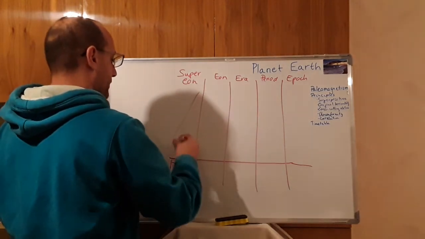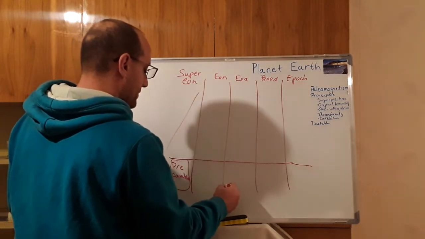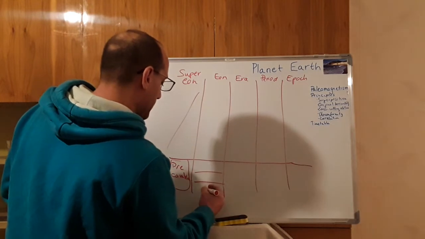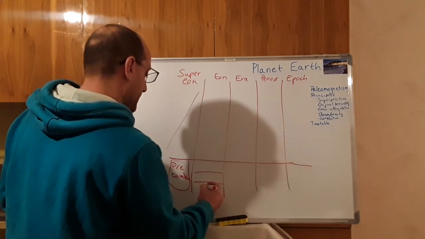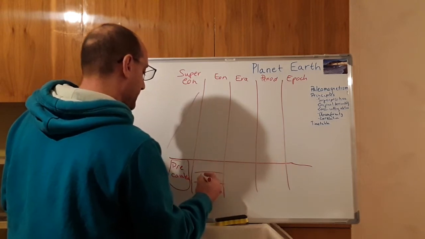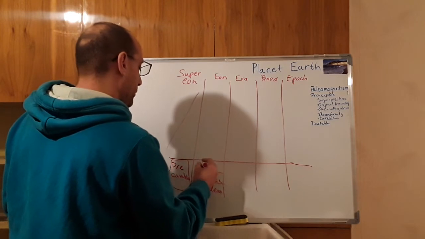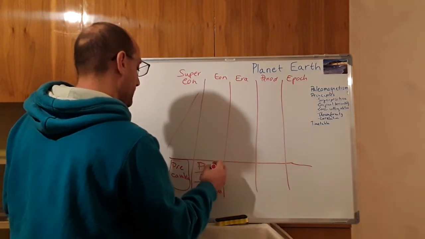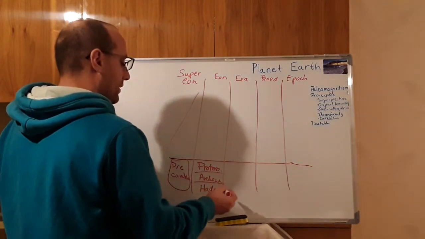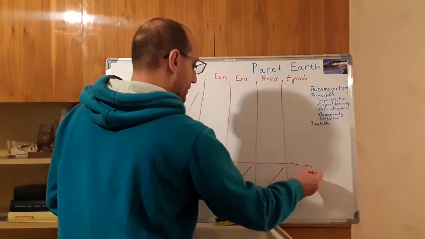We don't have anything over here. Precambrian is built up of 3 layers, and first is what we call the Hadean, then the Archean, and Proterozoic. I just make a shortcut here. We don't have anything here, or here, or here.